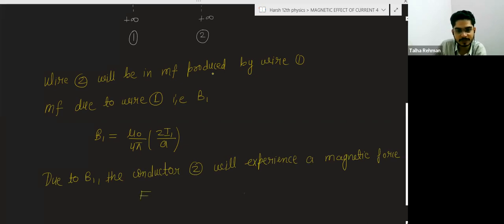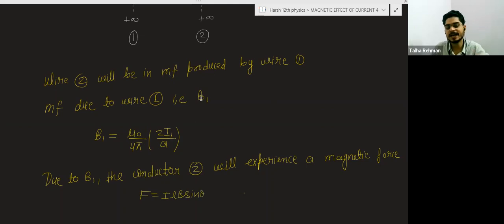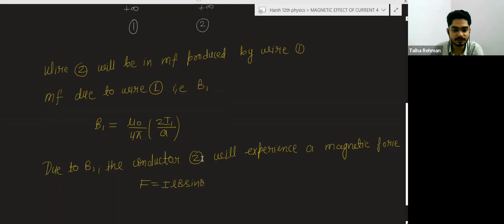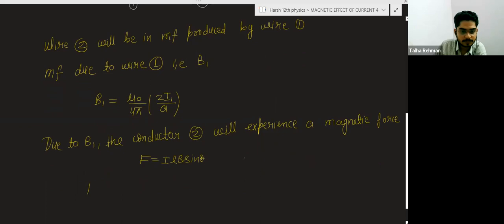What is the formula? F is equal to current I in the wire, length of the wire, magnetic field, and sine theta. Theta is the angle between the length of the wire and the magnetic field. Now I am just calculating the force on wire 2. Force on wire 2 is equal to current in wire 2, which is I2.